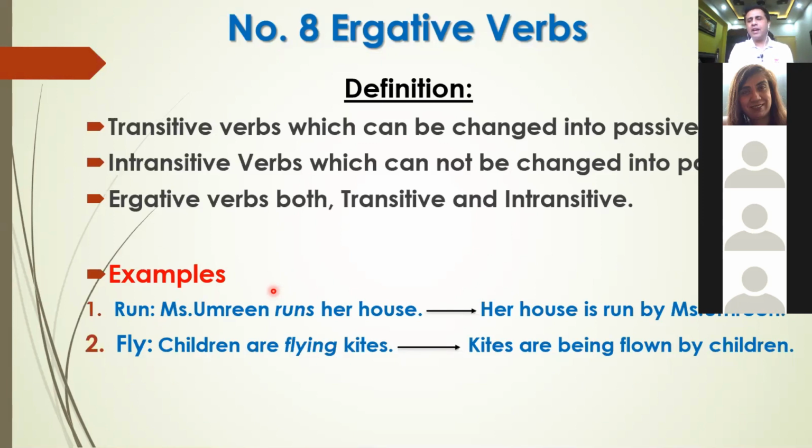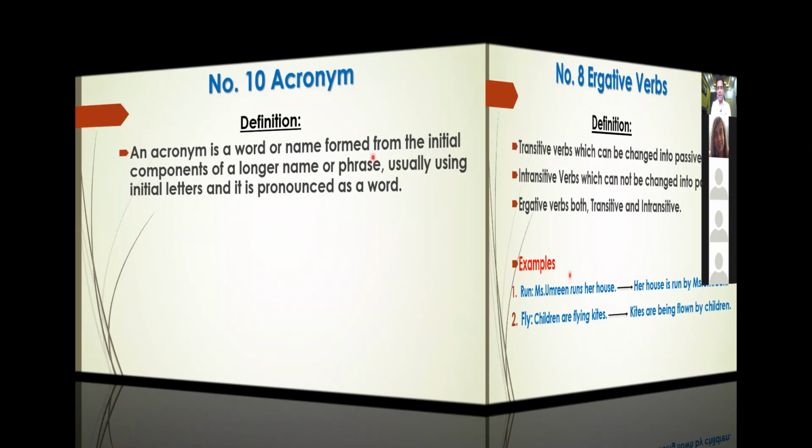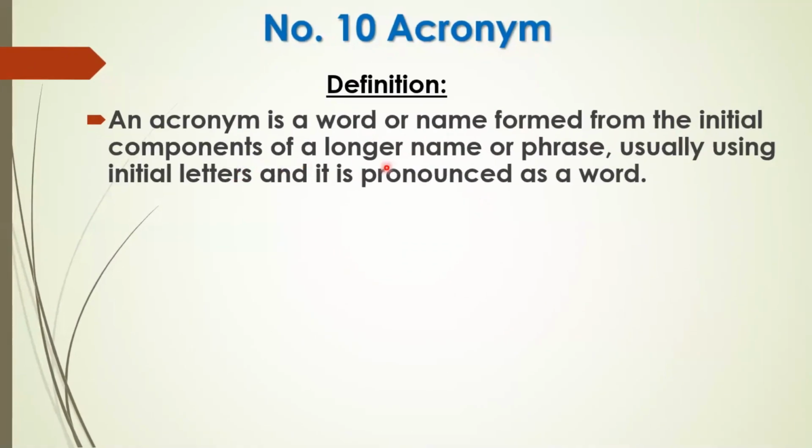Hope you like it. You can find a list of ergative verbs. Next, an acronym is formed from the initial components of a longer name or phrase. Usually we use initial letters and it is pronounced as a word. Acronyms and abbreviations are very similar. In an abbreviation we take the first letter of every word.